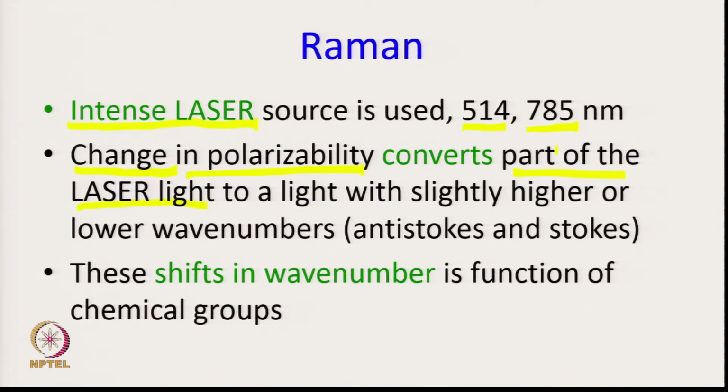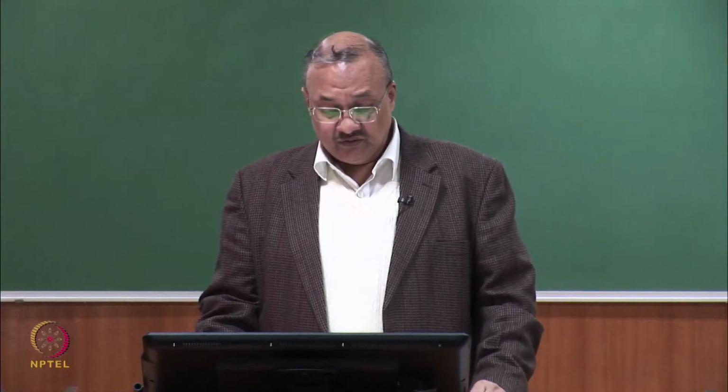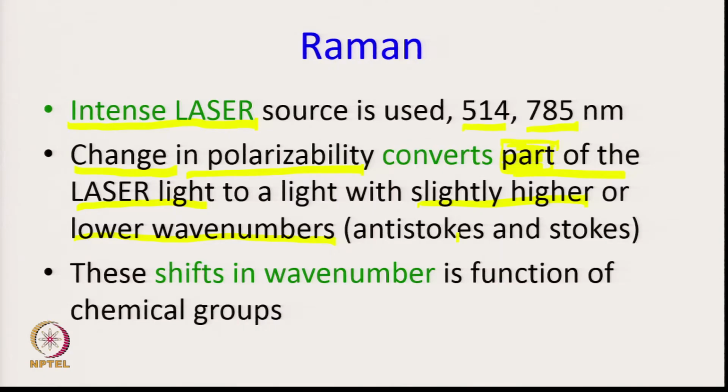Now, this is a very important part, a very small part of the laser light will get converted into either a slightly higher wave number or slightly lower wave number, and I will show you this in a diagram. These are called anti-Stokes and Stokes radiations for Raman. Anti-Stokes for slightly higher wave numbers, and Stokes for slightly lower wave numbers.